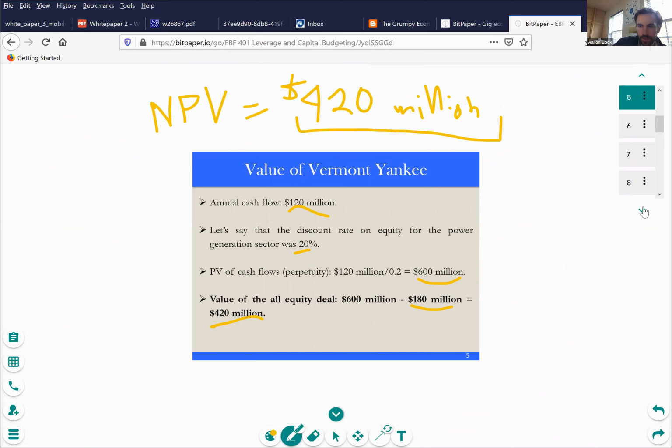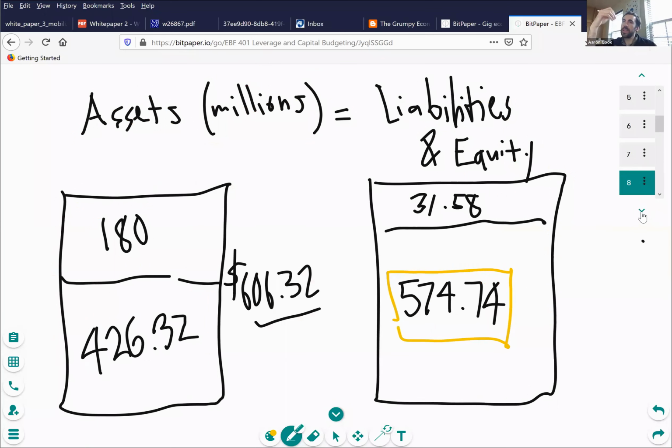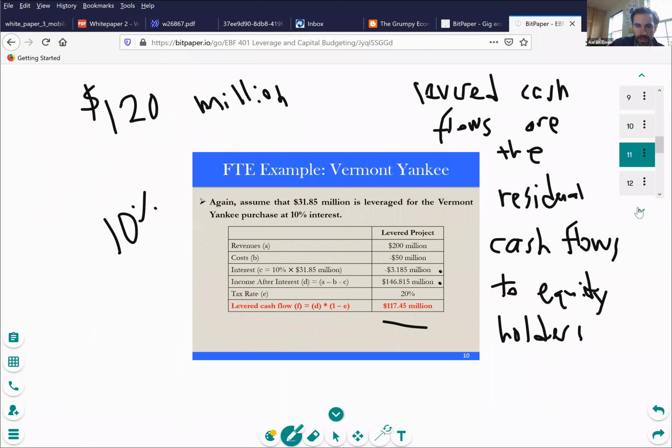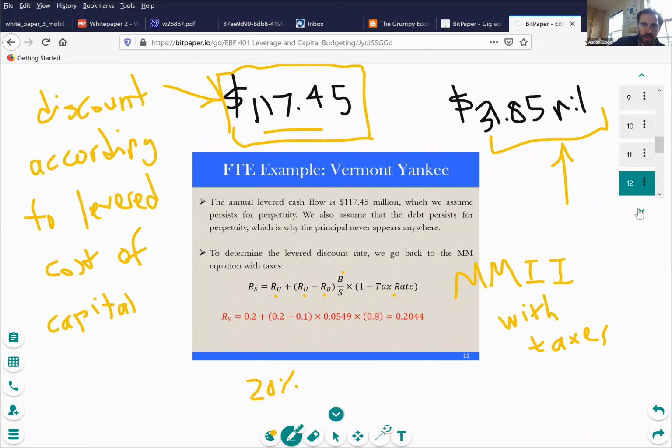That's what a firm in that industry with that risk structure typically has to earn for its investors in order to do just as well as the market as a whole. So that 20% is the unlevered cost of equity. We take the difference between the unlevered cost of equity and the cost of debt. The cost of debt is 10%.